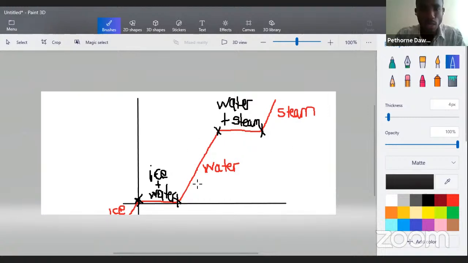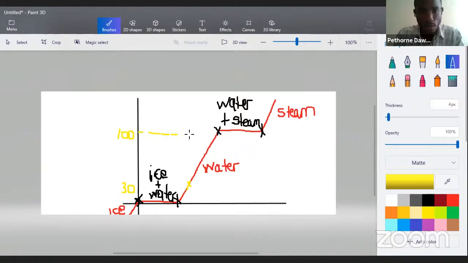Now, for the question at hand, we're starting at a point of 30 degrees. So 30 degrees will be somewhere here, and then we'd go to 100, which is somewhere here. So this would be 30 here, and 100 will be up here.